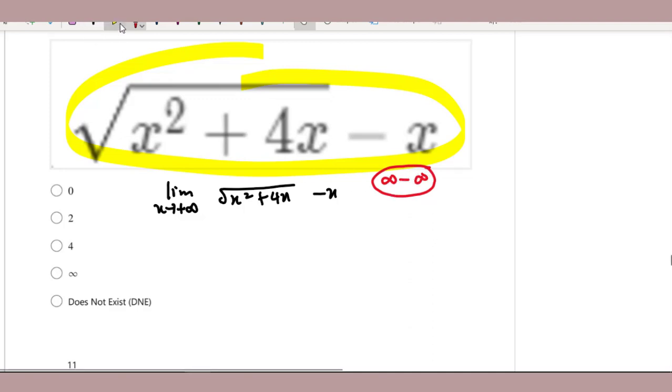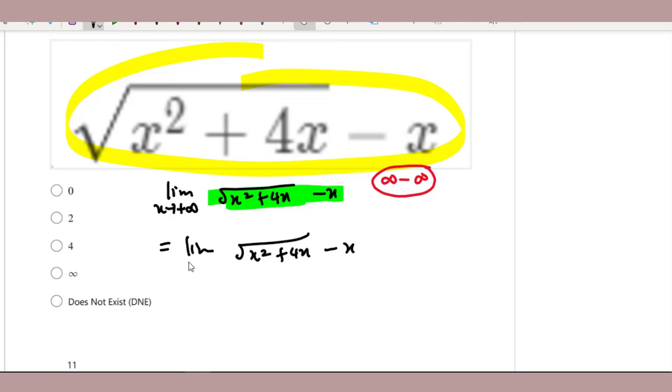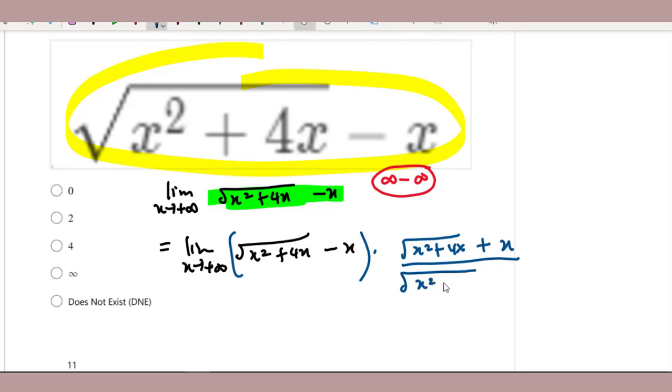For this one, you have to do something. Since it is in this form, you have to multiply by the conjugate. The limit of the square root of x squared plus 4x minus x as x tends to positive infinity. The conjugate is the square root of x squared plus 4x plus x, over the square root of x squared plus 4x plus x.